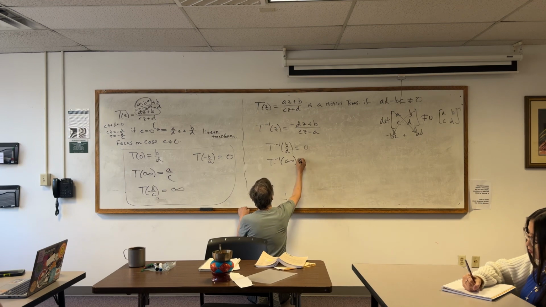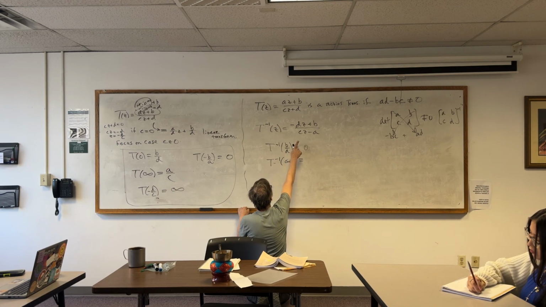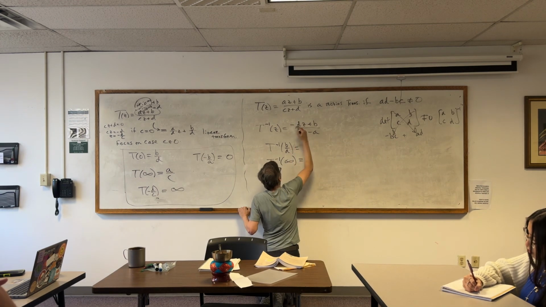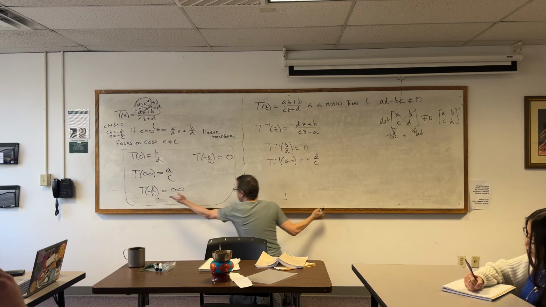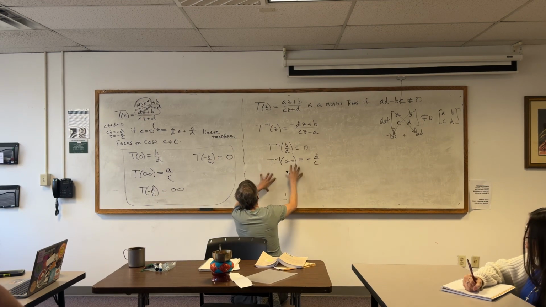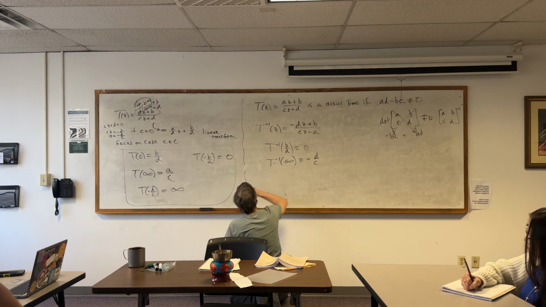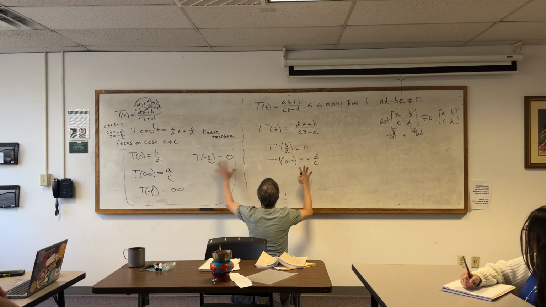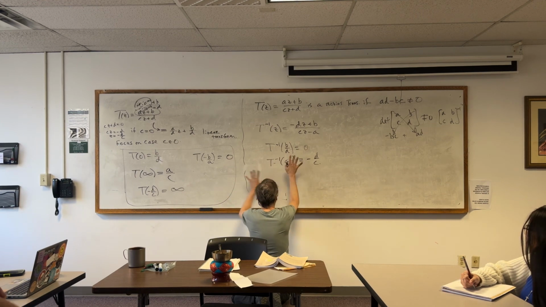What's T inverse of infinity? Negative D over C. That makes sense with this. These relationships parallel these over here, and we can figure them all out just by looking at that form. We don't need that information, but just to see it side by side.